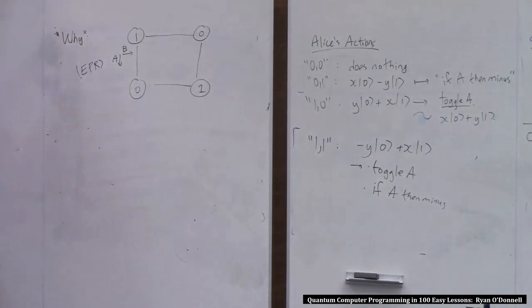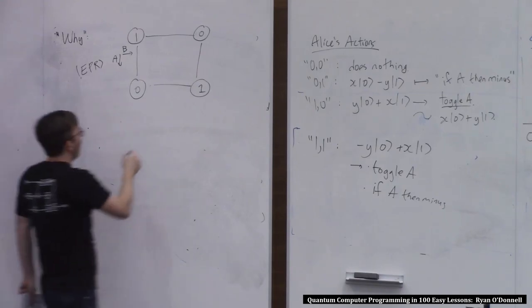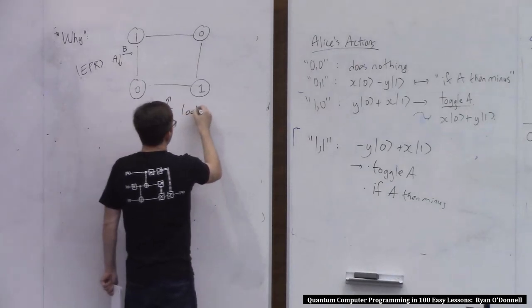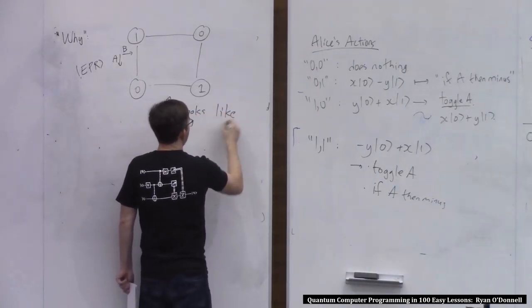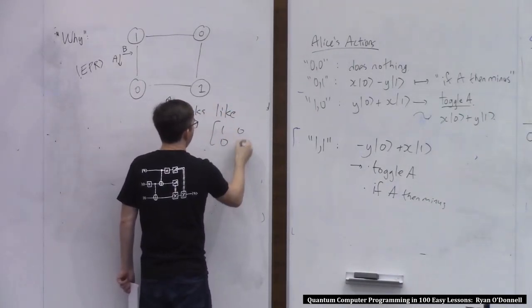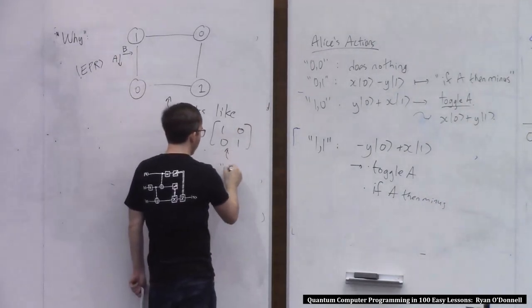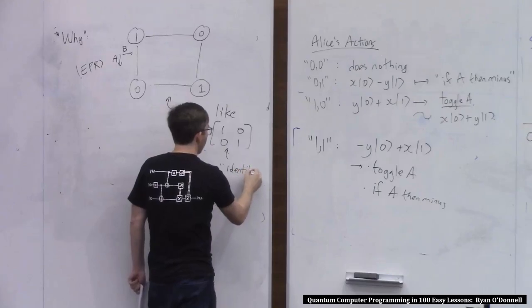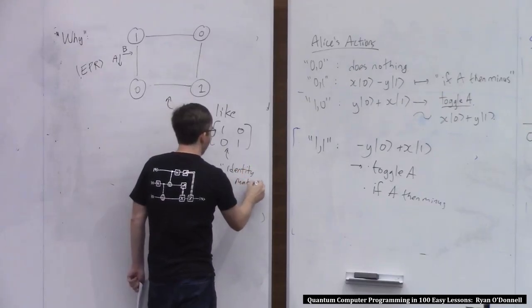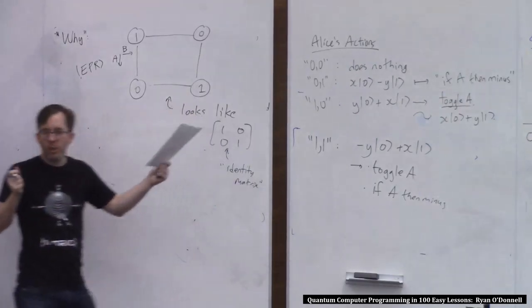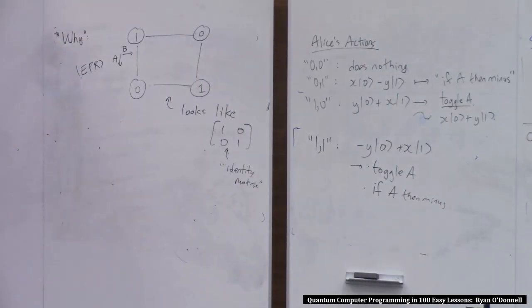If you draw it like this, and then squint and say, hey, whenever I see 4 numbers arranged like this, I sometimes think of a 2x2 matrix. This looks like the 2x2 matrix 1, 0, 0, 1, which is the most famous of all 2x2 matrices. This is the identity matrix, the matrix that corresponds to the operation on 2-dimensional space of doing nothing.